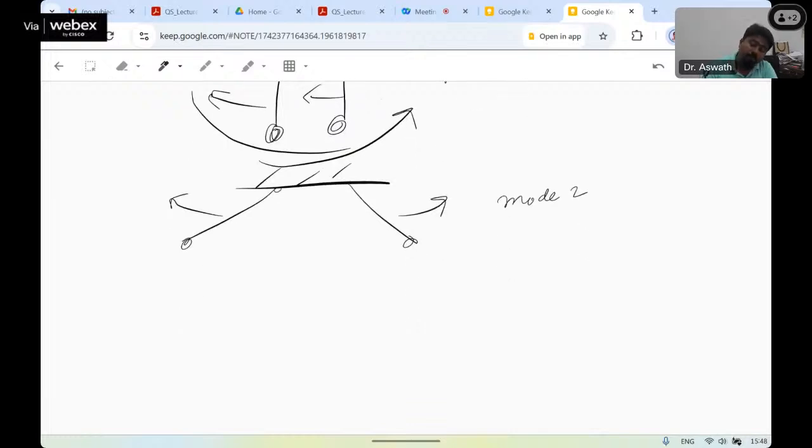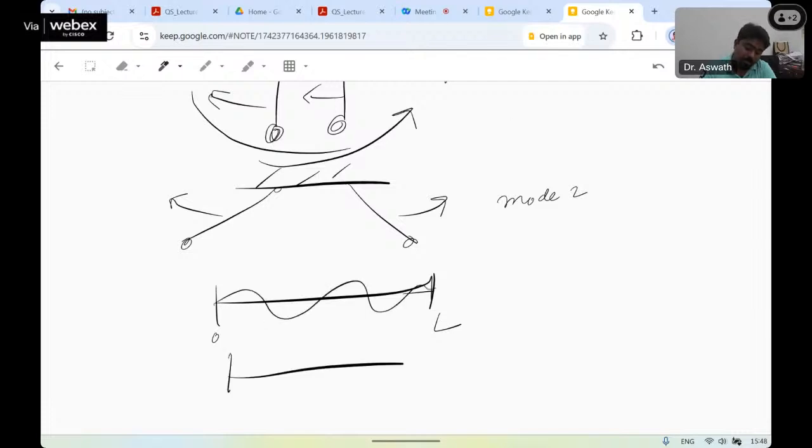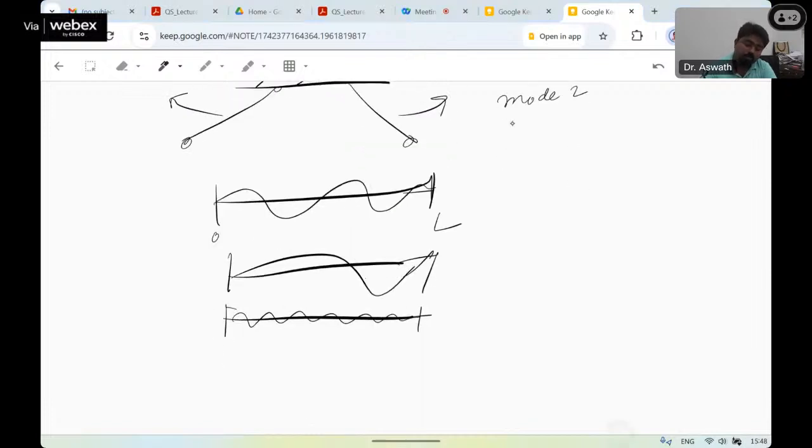So with a two-dimensional system, I am able to create two modes of dynamics. Similarly, for an electromagnetic wave, with the wavelengths confined within a range of 0 to L, there may be different kinds of modes existing. One may be like this, another like this, another like this, so there are so many modes: mode 1, mode 2, mode 3.